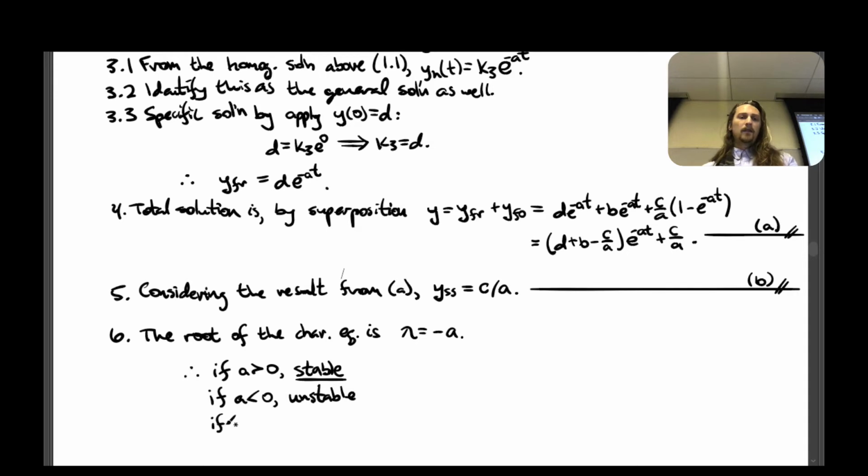And if a is identically 0, then we have a response that doesn't change with time, but also doesn't go to an equilibrium either. So this is the marginal stability situation. The decay doesn't happen, so we have marginal. I should have underlined this one too. Marginally stable.